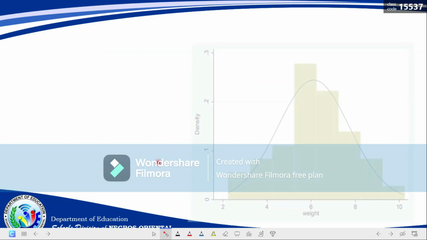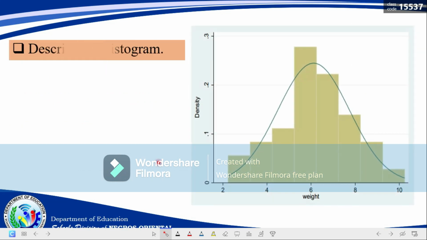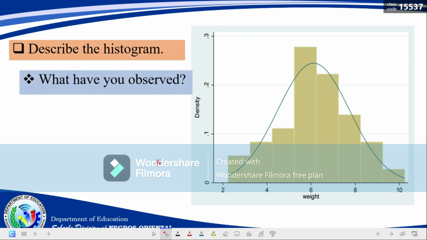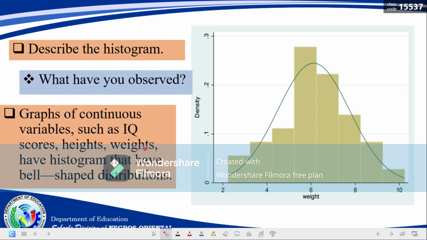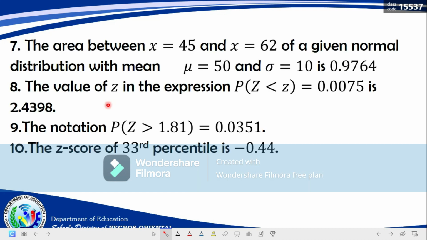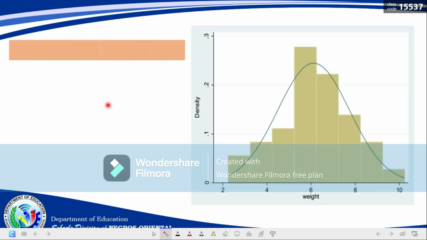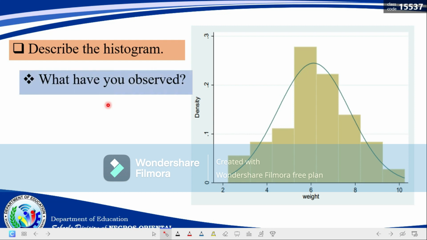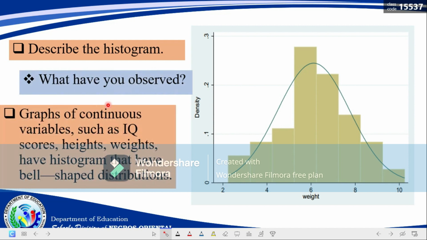Okay, so here we go. We have here the normal curve. Describe the histogram. What have you observed with this one? Graphs of continuous variables such as IQ scores, heights, and weights have histograms that have bell-shaped distributions.